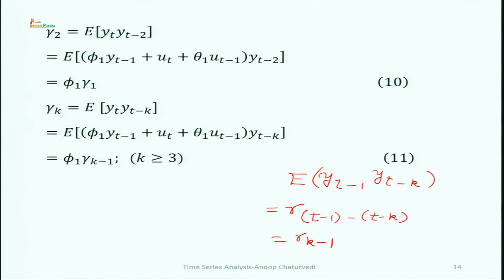So, ultimately you get gamma k equal to phi 1 gamma k minus 1, or you can write it as phi 1 square gamma k minus 2 equal to phi 1 cube gamma k minus 3 and so on.